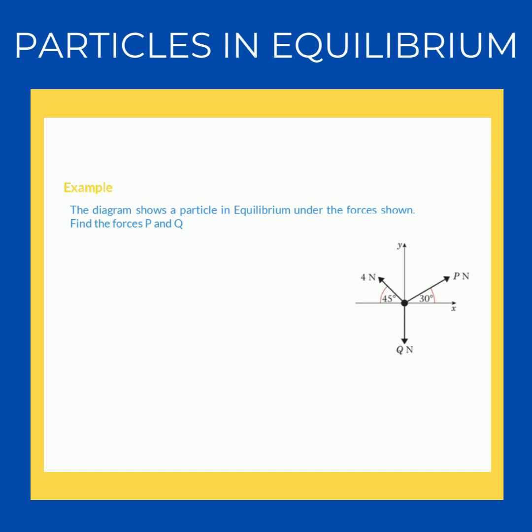The first step is to draw a diagram showing all the forces clearly that act on the particle, and this step is already done for us. Now the second step is that we need to resolve the forces into horizontal and vertical components, so let's do that.